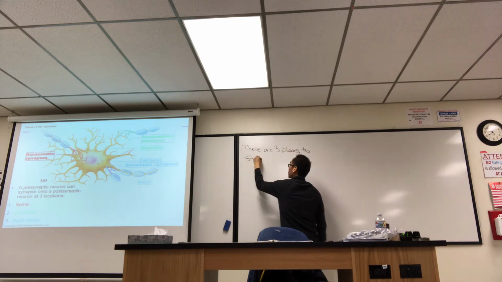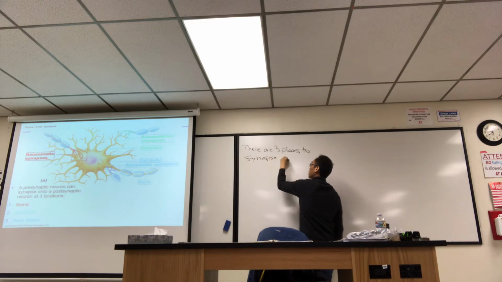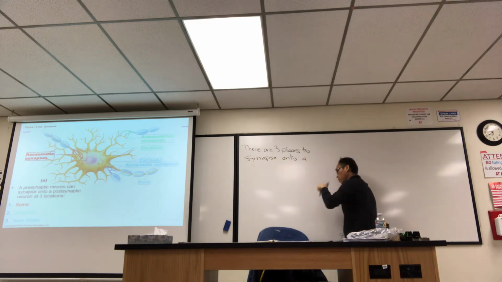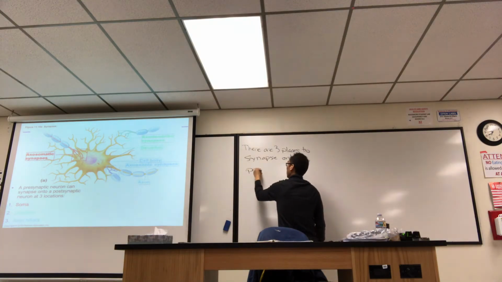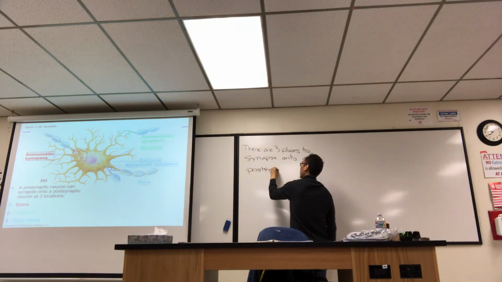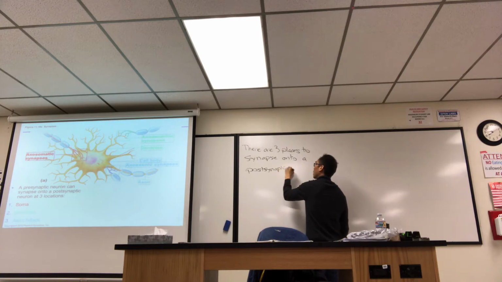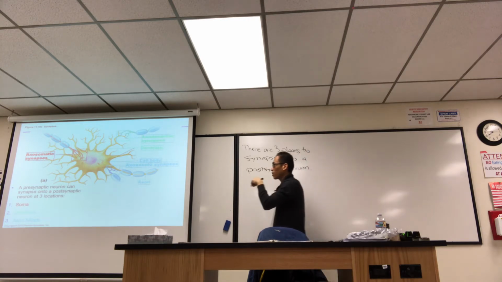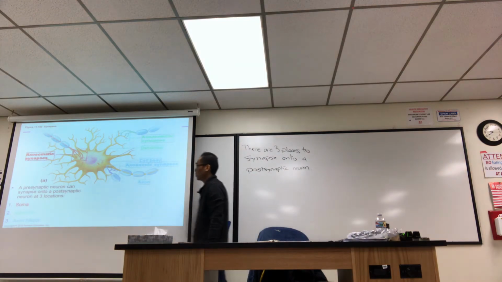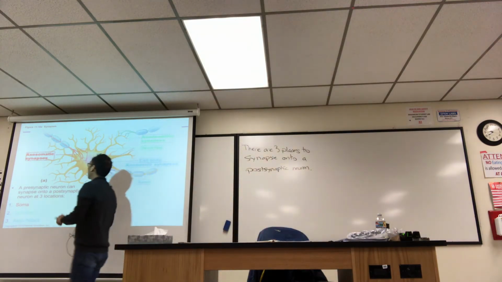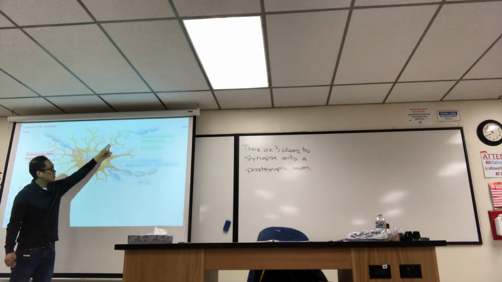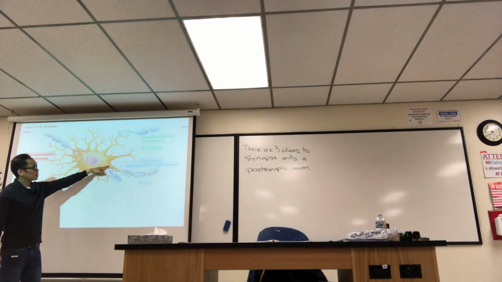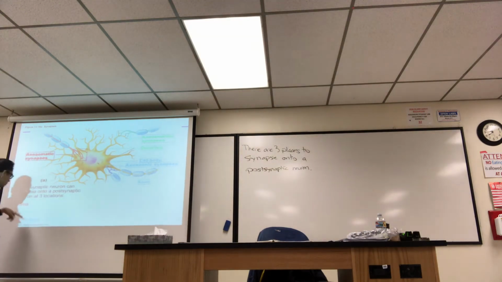So I'm writing, there are 3 places to synapse onto a postsynaptic neuron. I'm not going to draw it again, I already did that. You can try to stimulate this cell by synapsing onto the cell body, onto a dendrite, or onto the axon hillock. Those are the 3 places, and I list them here.